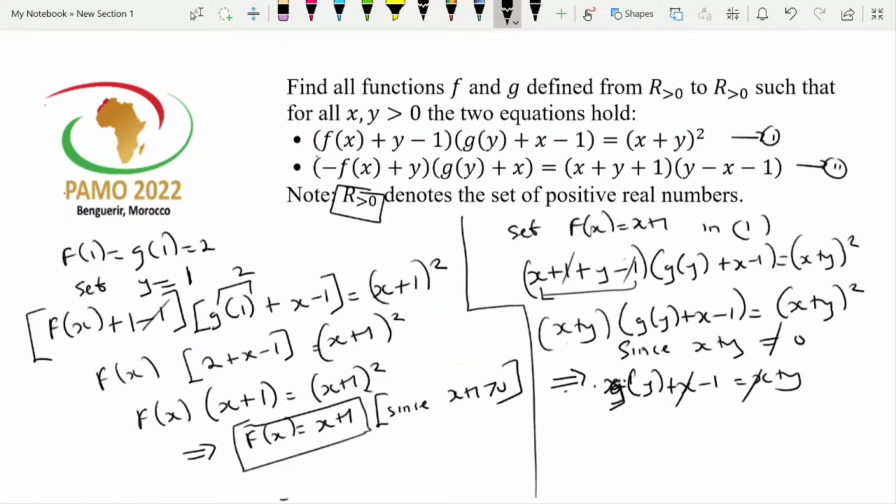This goes out. So I have g of y minus 1 equals y, and g of y equals y plus 1.